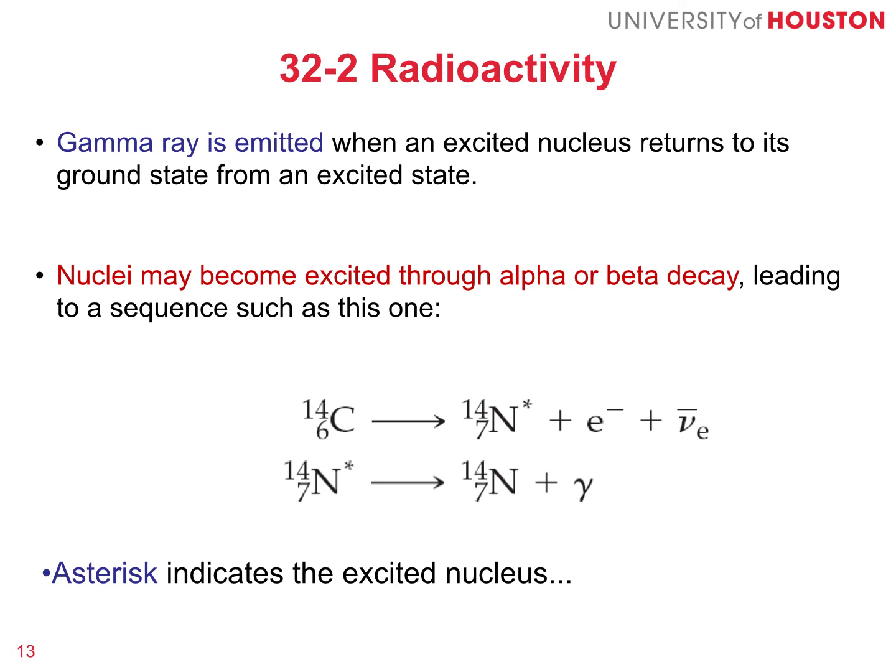It has more energy than it needs. Once this is made, then this excited state, which is denoted by the asterisk, can lose energy, and one will produce a photon in the process. So N star goes to N plus the gamma ray photon.